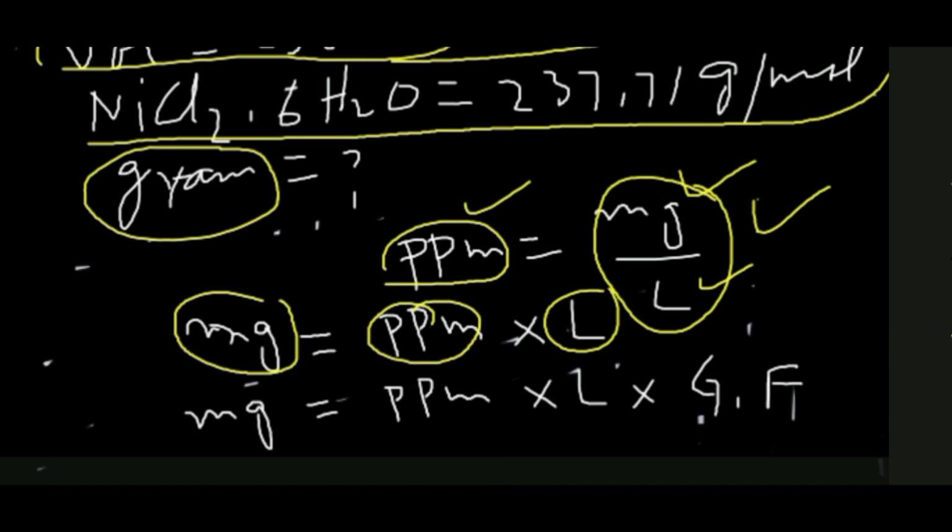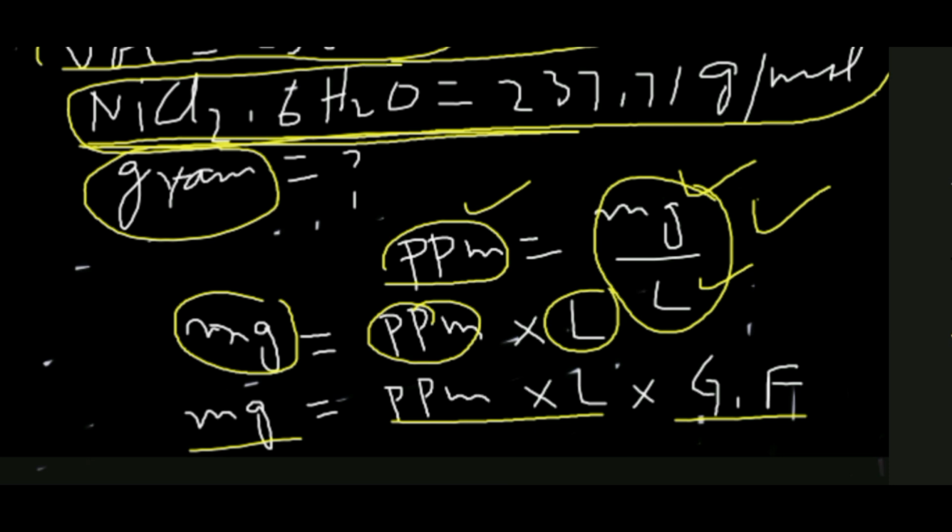Now in order to prepare the ppm solution of a salt, we multiply the ppm by liter with the gravimetric factor. We have a salt of nickel chloride, and we have to prepare a standard solution of nickel from the salt of nickel chloride.